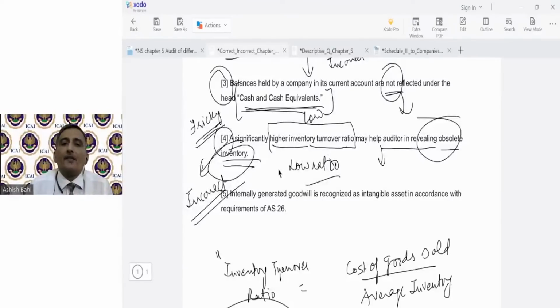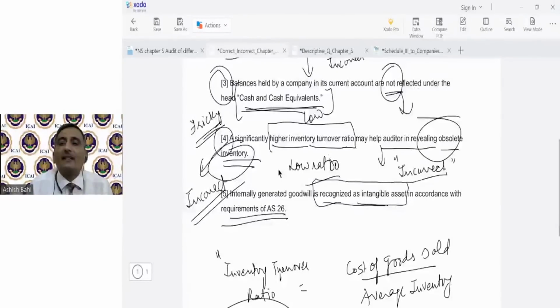Yes. Fifth: internally generated goodwill is recognized as an intangible asset in accordance with the requirements of AS 26. It is incorrect. It is not recognized. AS 26 clearly states that internally generated goodwill is not to be recognized as an intangible asset.